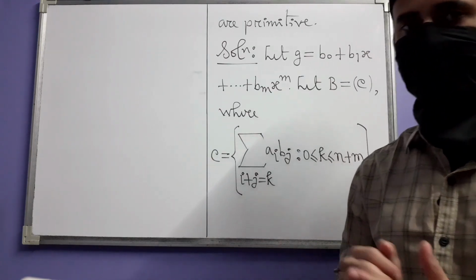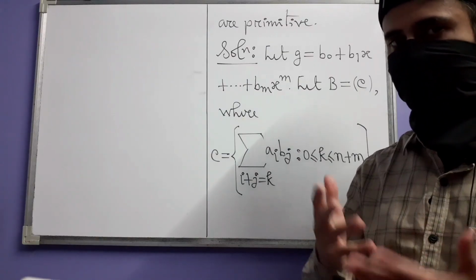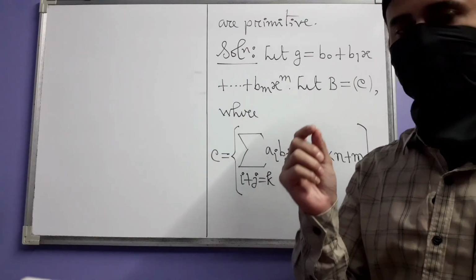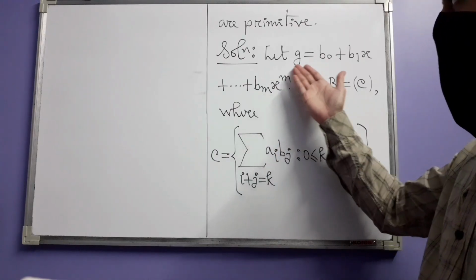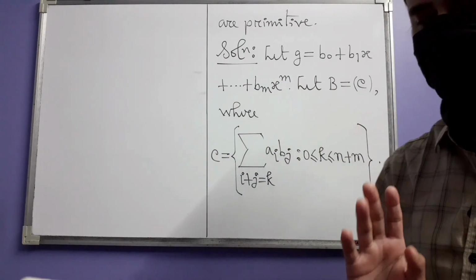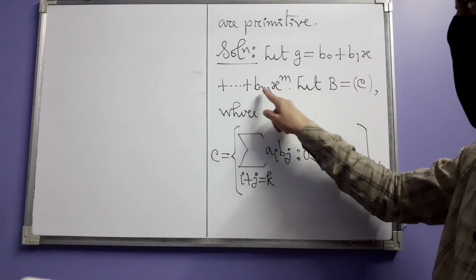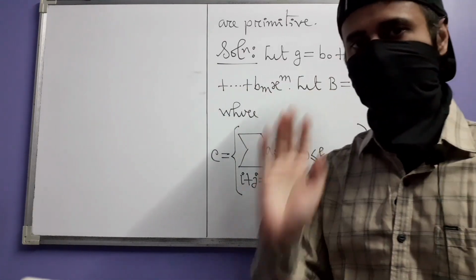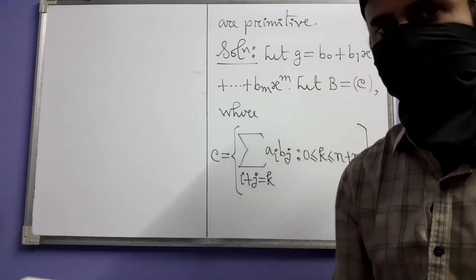Because we already have f with us, let's just assume it is the entire f, which has the coefficients ai. We consider g also, because we have two polynomials f and g. Let g be b0 plus b1x and so on plus bmx to the power m. So the coefficients of g are these bj's.